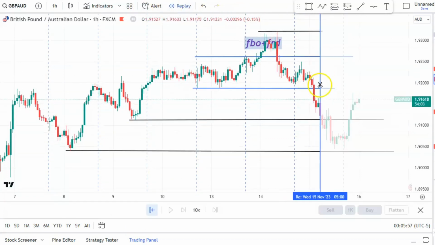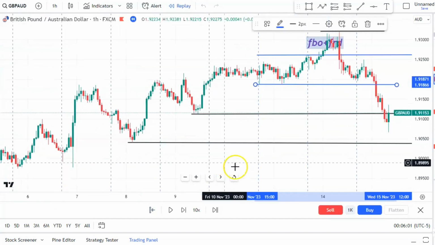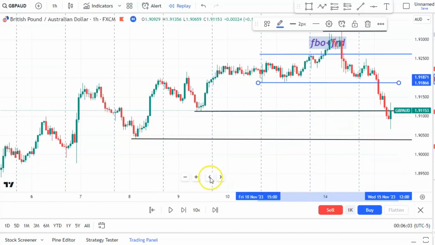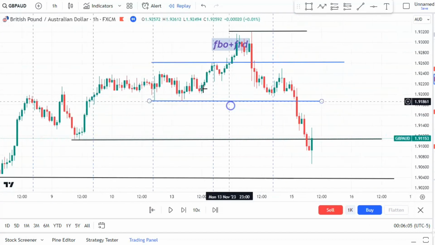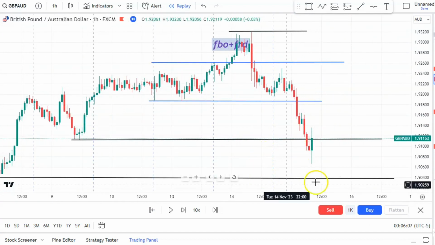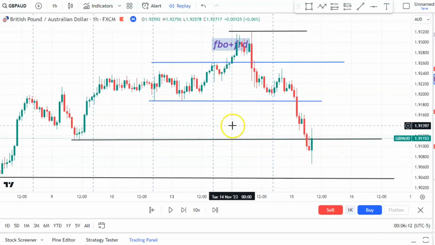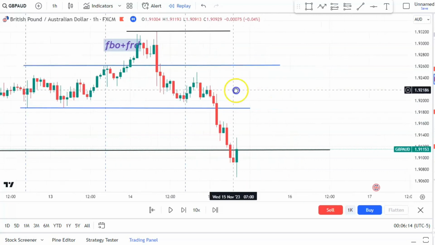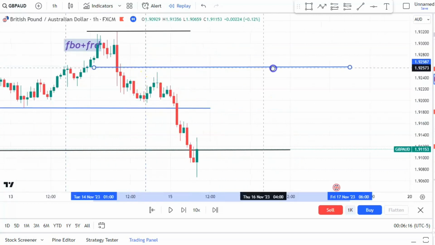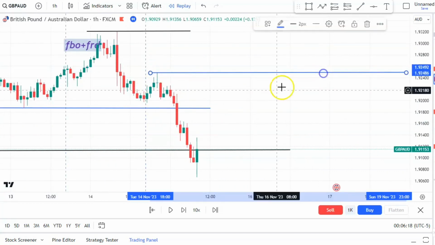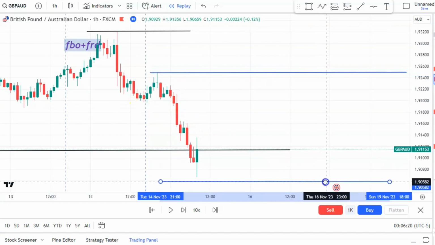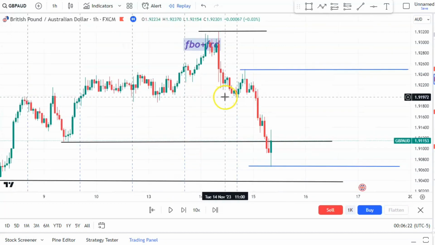Now, if we cut up to 9, yes. Coming to the screen at 9, this is what you have. We have all this space price might come back to. But if you look at price action, we have our high of the day, and now this is our low of the day. But something has happened.